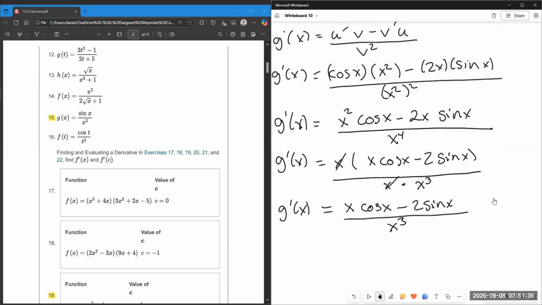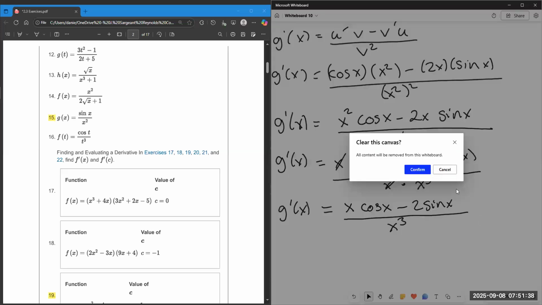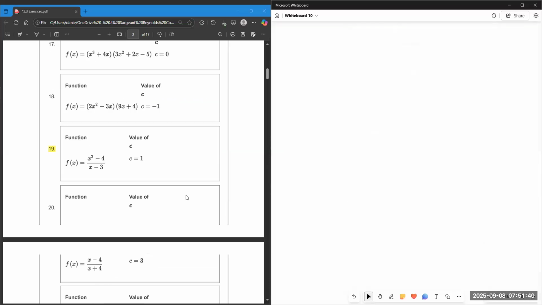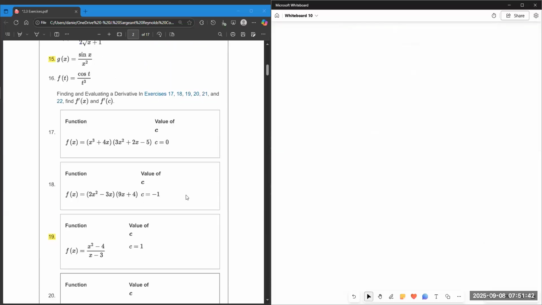All right. Let's look now at number 19. And we're told to evaluate the derivative at the specific value of c. So f of x is equal to x squared minus 4 over x minus 3.